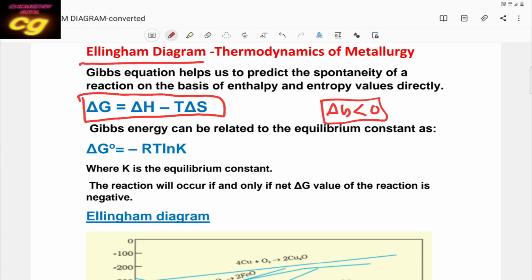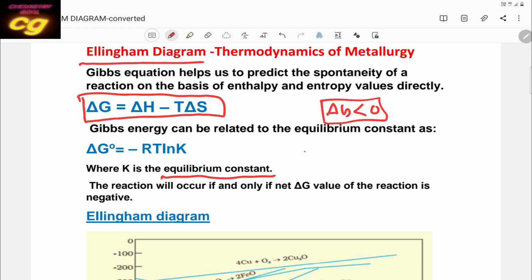And you already know that ΔG naught, the standard free energy, is equal to minus RT ln K. What is K? K is called the equilibrium constant. That is also the relation between free energy change and equilibrium constant.